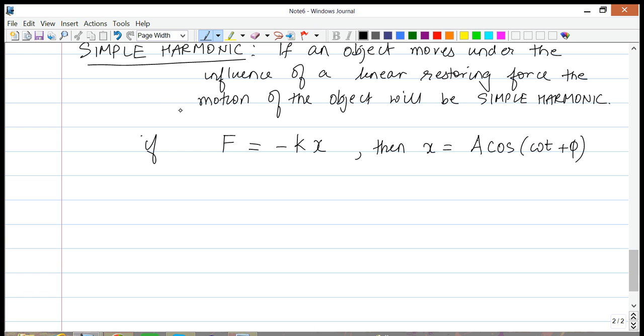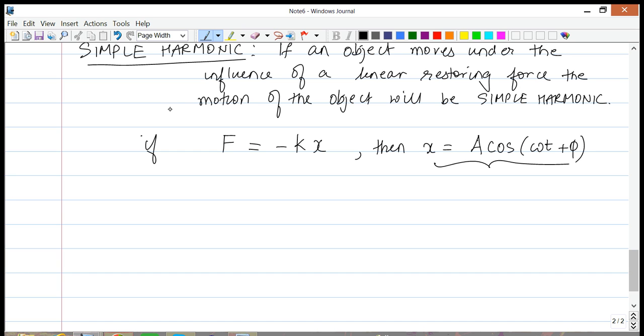But what it says is if F is equal to negative kx, then x can be either a sine or a cosine function. Instead of writing it as a sine or a cosine function, we write it this way, and I'm going to show you why we can say that. I'll show you in a very quick way how any linear combination of a sine or cosine function can be written in this form, a cosine of omega t plus or minus phi. So this is the behavior.